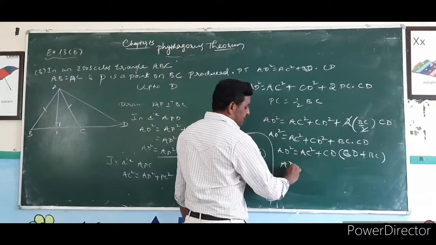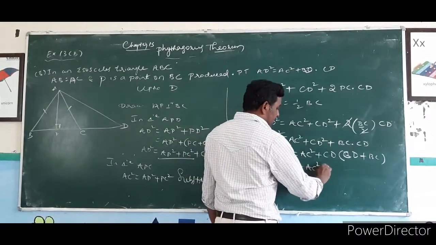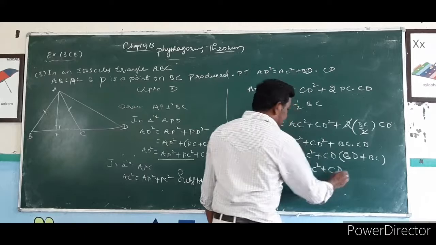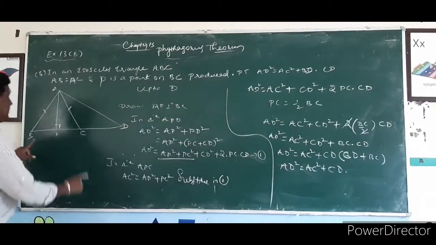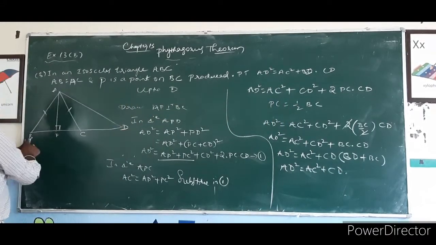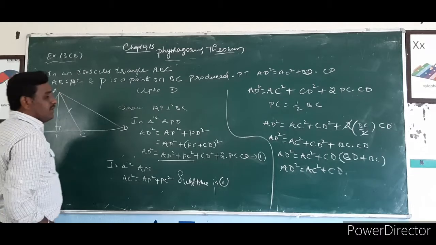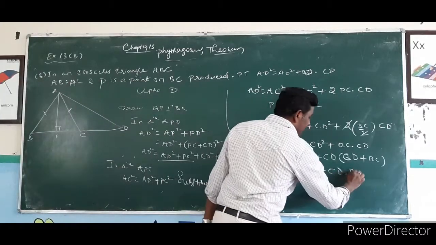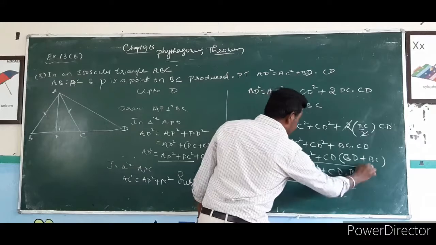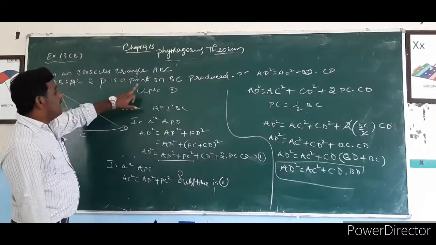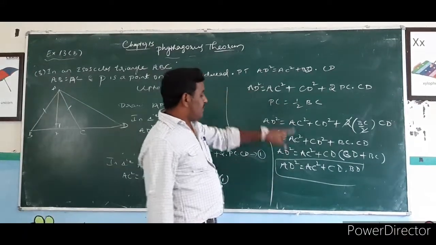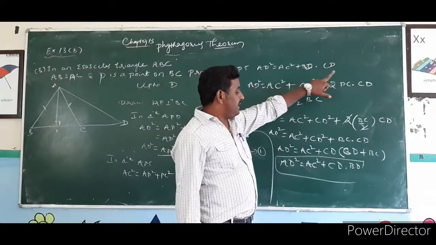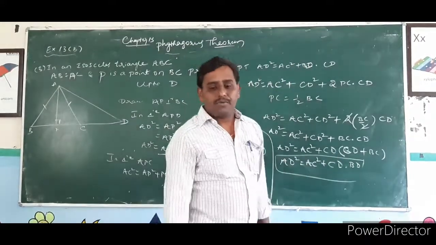So that is AD square is equal to AC square plus CD into, what about CD and BC? If you add, you will get full length of BD. Now check the proof. What you have to prove here? AD square is equal to AC square plus BD into CD. So we have proved it.